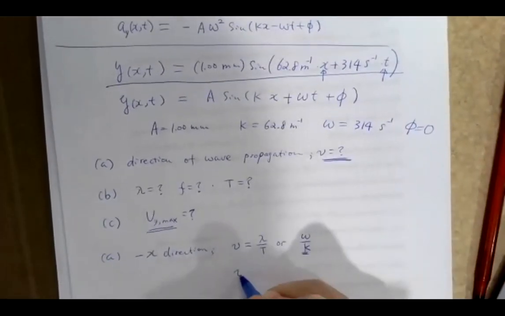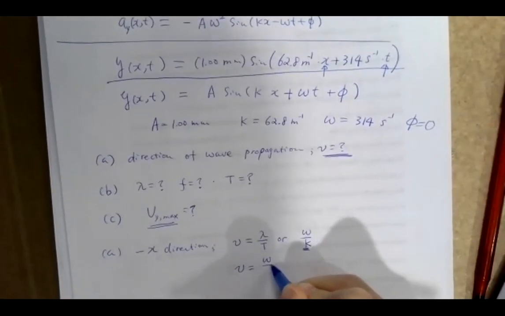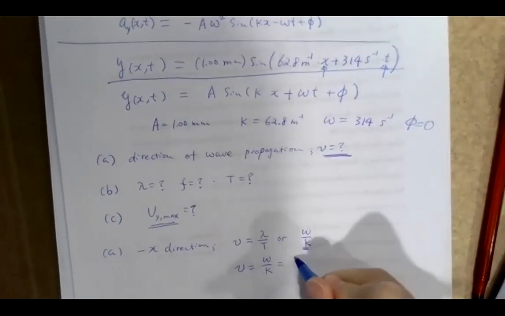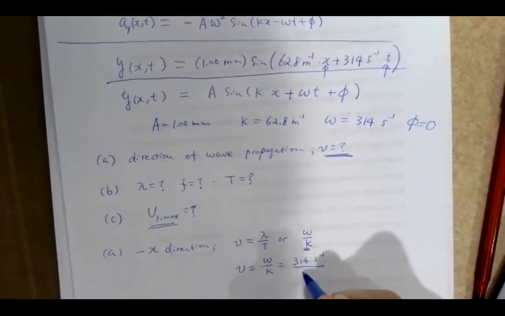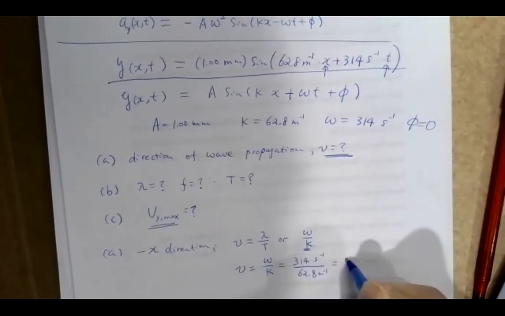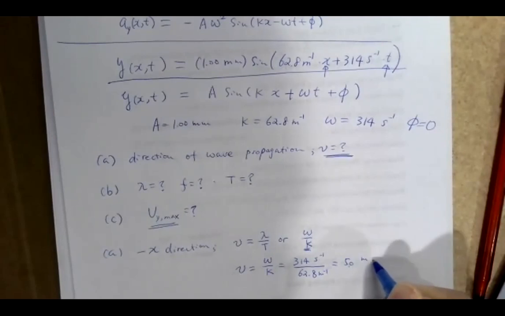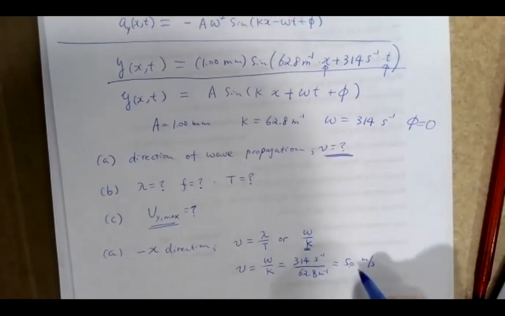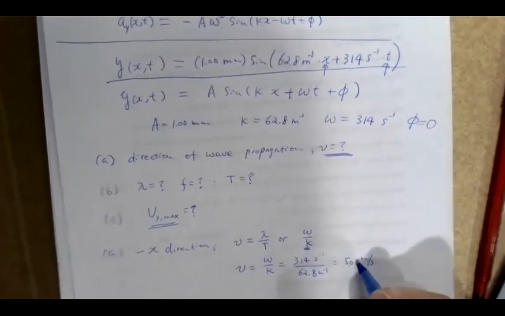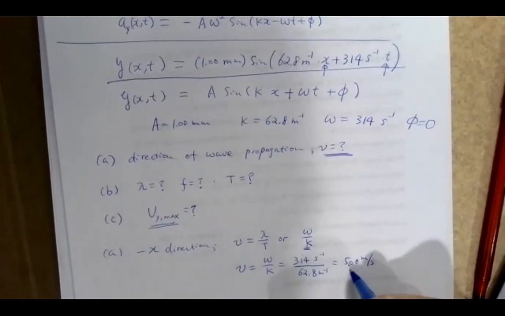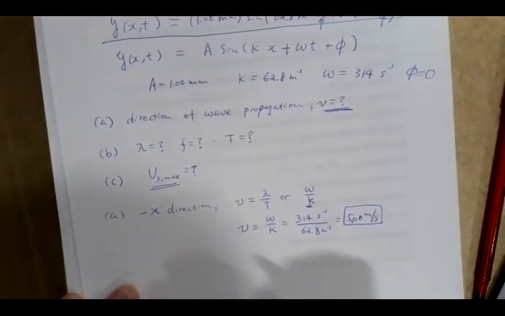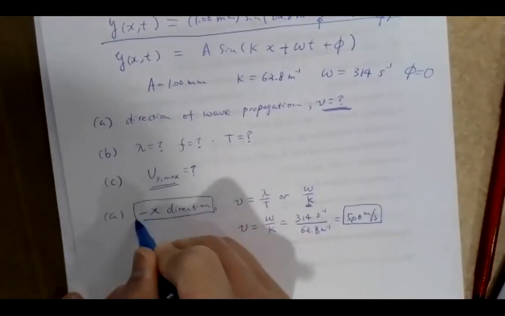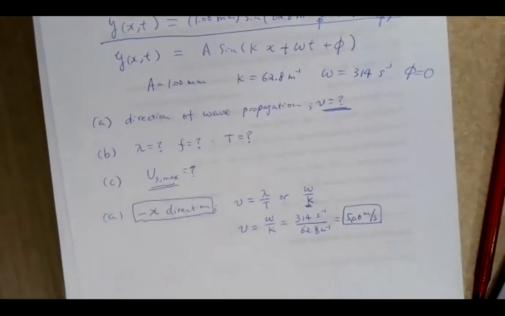So v is equal to omega divided by k. Omega is 314 second inverse, k is 62.8 meters inverse. That will give you 5 meters per second, or you can keep three sig figs because the problem numbers are given in three sig figs, so 5.00 meters per second. So that's your speed for your wave propagation.